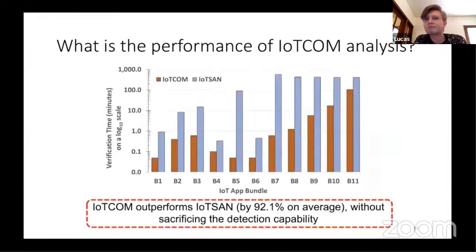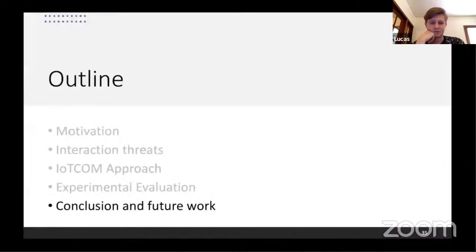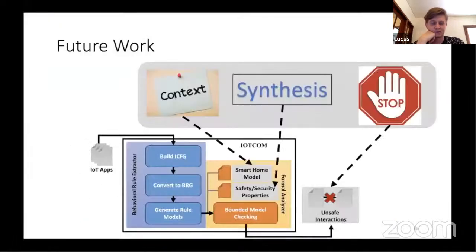In the third experiment, we analyzed the performance of IoT-COM in terms of required verification time in comparison with IoT-SAN. We used 11 bundles of real-world applications. On average, IoT-COM outperforms IoT-SAN by 92% without sacrificing detection capability.